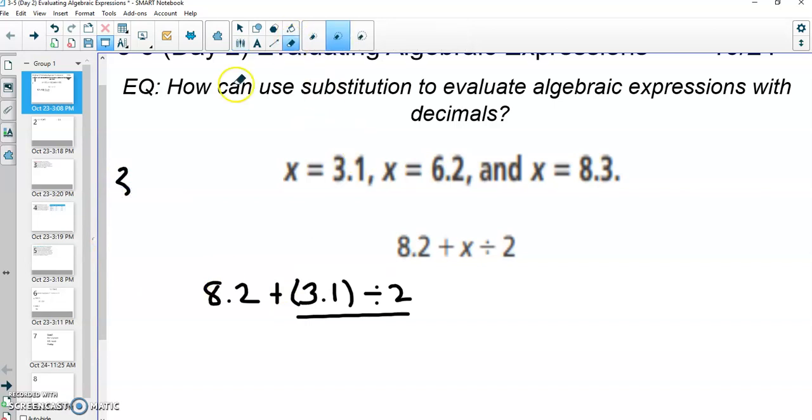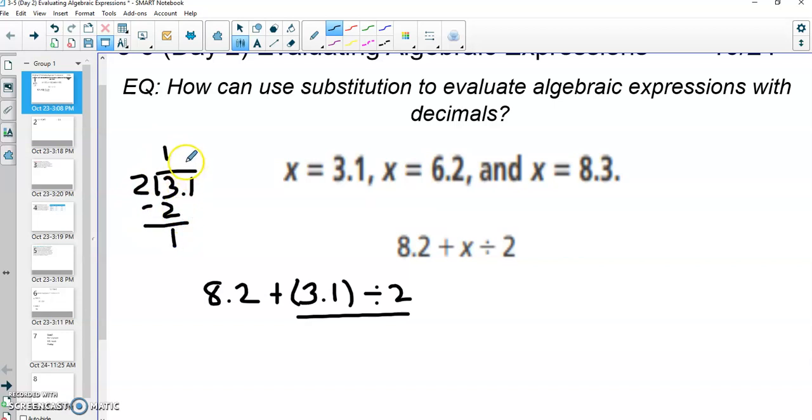Okay, do that right here. How many times does 2 go into 3? One time. Here's my decimal, bring down my 1.